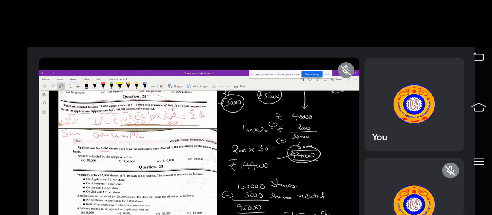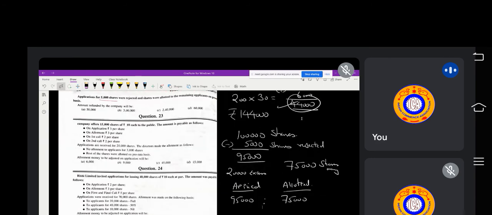Yes, exactly. Now look here. If at all it is an installment case, then of course you have a chance of taking over the excess application money on allotment. You can adjust the excess application money on allotment.